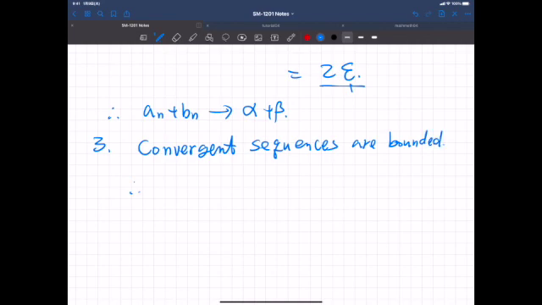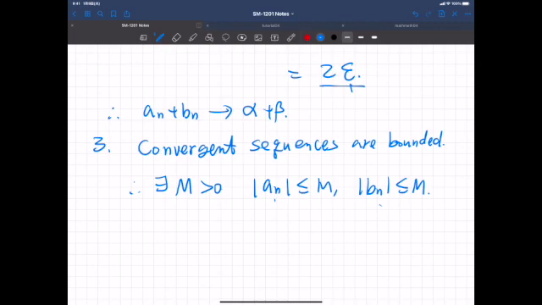So therefore, there is some positive number m such that |an| is less than m and |bn| is less than m. It's because they are bounded.